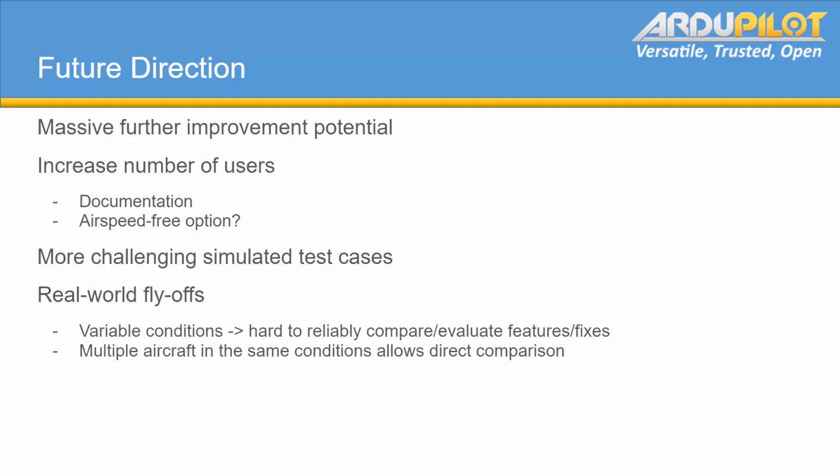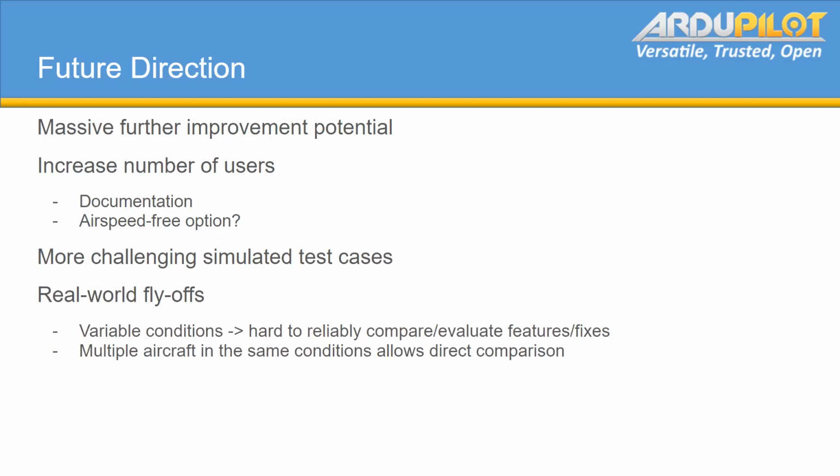More challenging simulated test cases would be nice. We have a fairly simplistic test case in the SITL simulator, which is run as part of the autotest suite, and then we have some more complex interactive simulators. However, having some more realistic automated test cases would be really great to validate some of this more advanced capability. Then the last one I have here is that a lot of these features are quite difficult to reliably benchmark outside of simulation, because the conditions we're trying to exploit are fundamentally stochastic and non-repeatable.